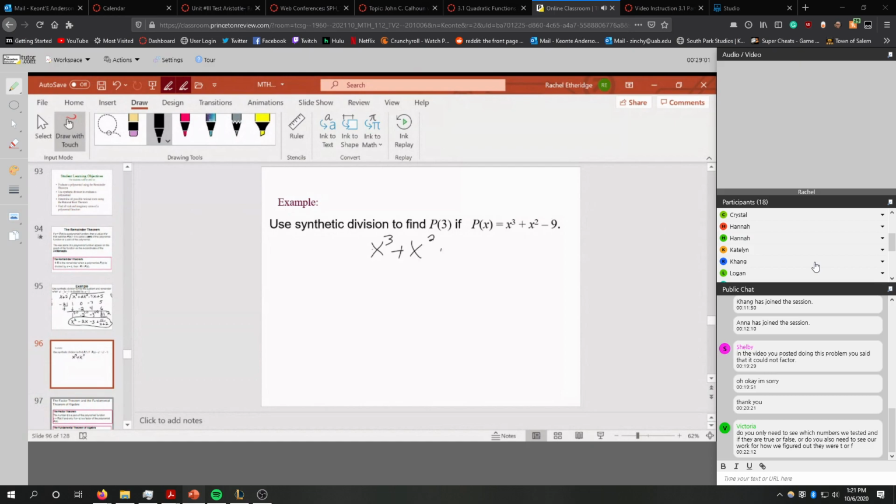I'm missing the x term, so I need an x term. I have to put a 0 in. So bring down the coefficients. And the 3 is going to be your multiplier here. So I bring down the 1. Start there, start multiplying. So I'm multiplying by 3.